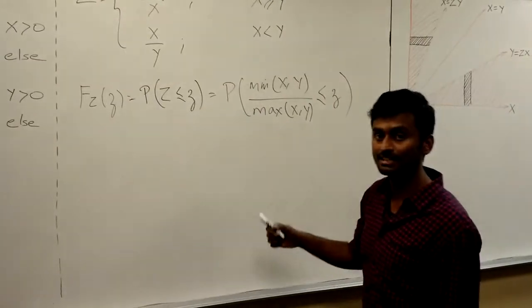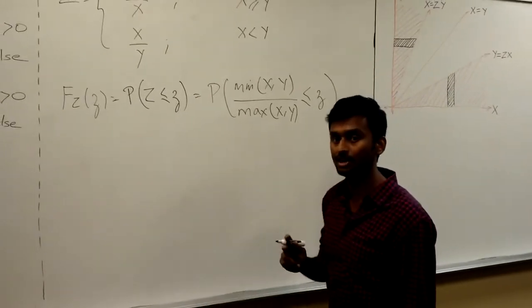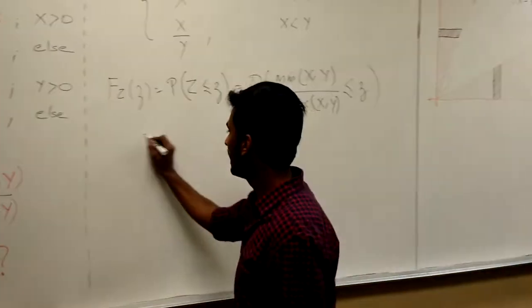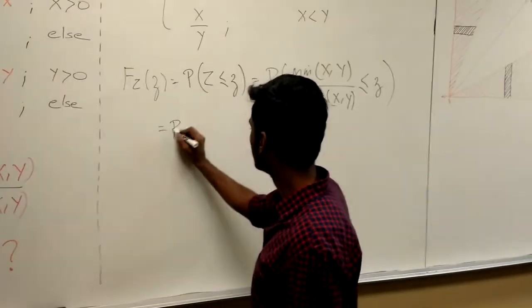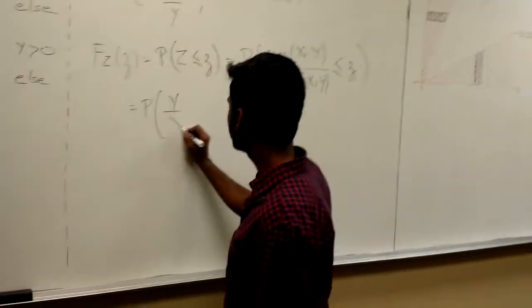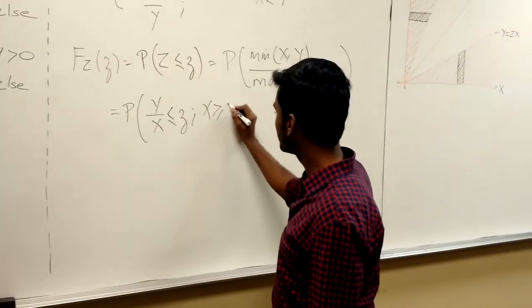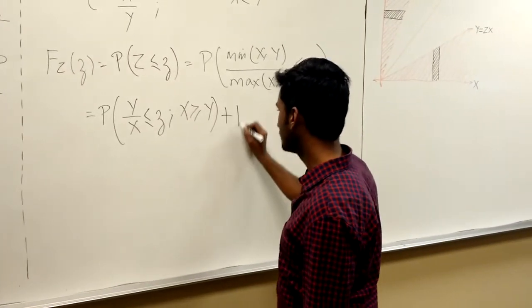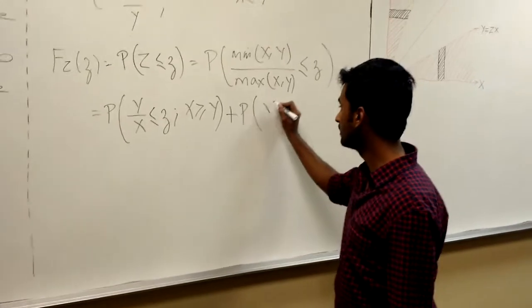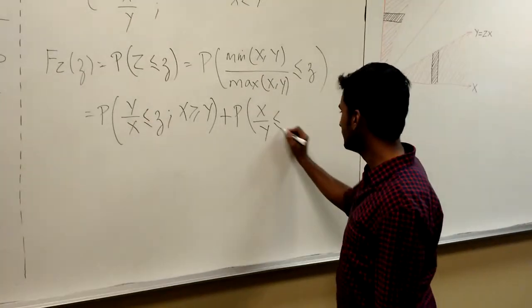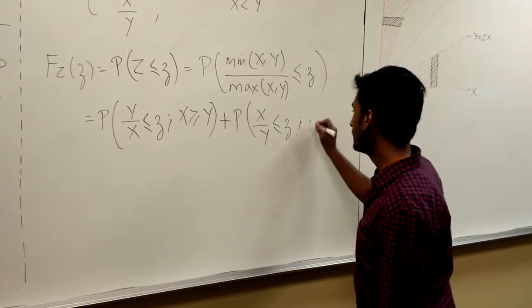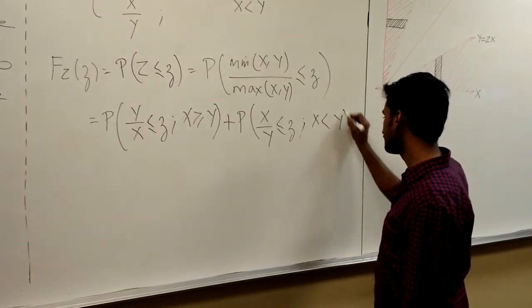As we had previously stated, the minimum and maximum give two values of Z. So F of z will be given as the probability of Y by X less than or equal to z when x is greater than or equal to y, plus the probability of X divided by Y less than or equal to z when x is less than y.